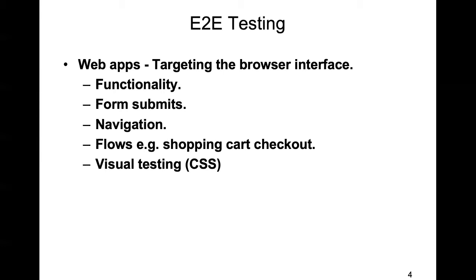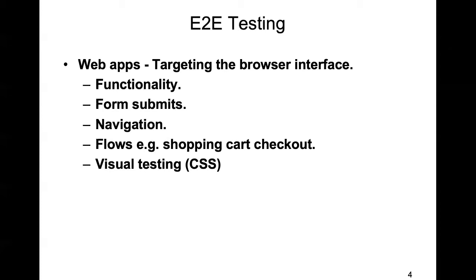Now, the last one there on that list, visual testing, is really about the whole CSS side of your app. We won't be addressing visual testing, but clearly it would be a very important part of web app testing. There are separate tools for doing visual testing, and especially if you've got a lot of custom CSS as part of your web app, then visual testing is going to be very important.